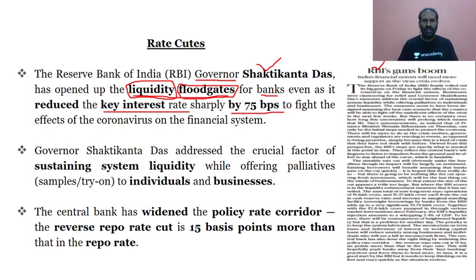So the reason why they have reduced is to fight the effects of the coronavirus on the financial system. So this is important for our better understanding. That is to fight against the coronavirus, which is impacting the financial system very badly. And Shaktikanta Das also has addressed the crucial factor of sustaining the system liquidity.